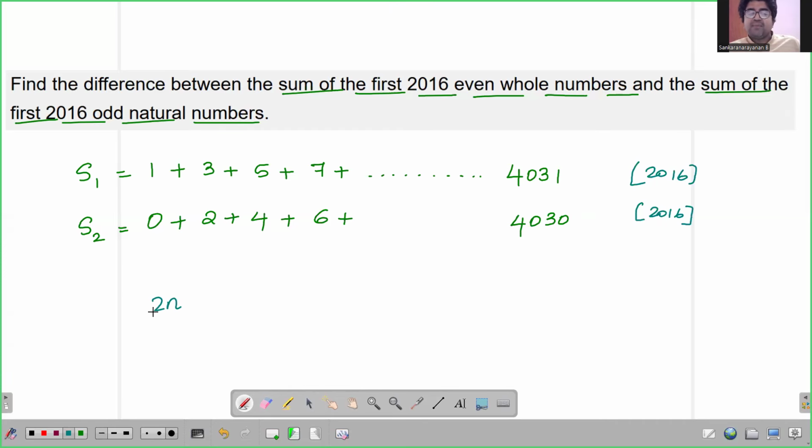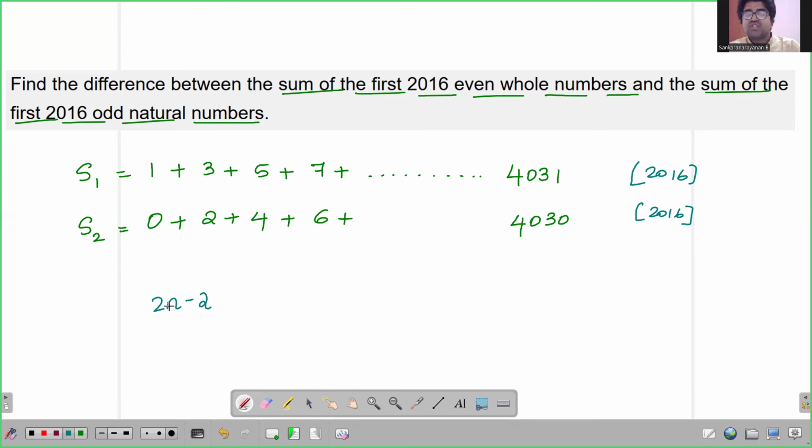Okay, so what will happen? Let me say the first term is 2n. When I take n equal to 1, it will come as 2. I don't want 2, right? I want to get a 0 here, so I will go for 2n minus 2. First term: 2 into 1 is 2, 2 minus 2 is 0.